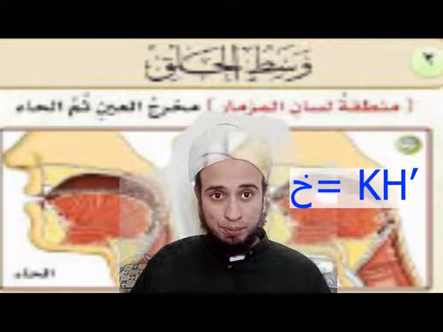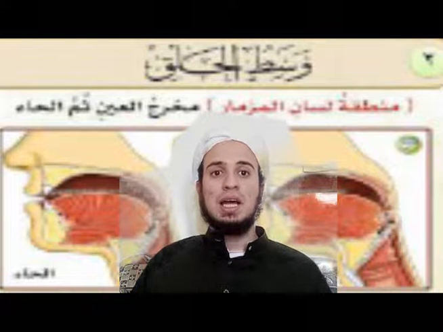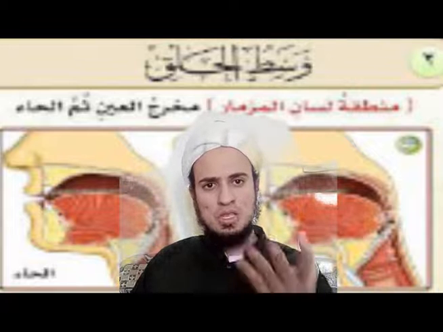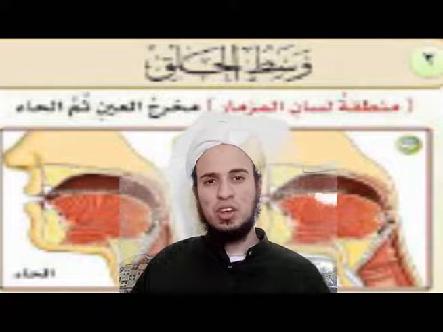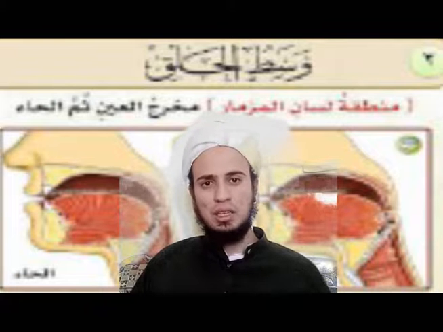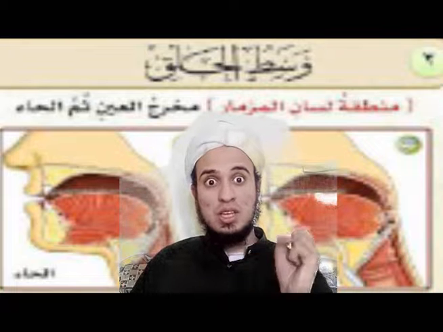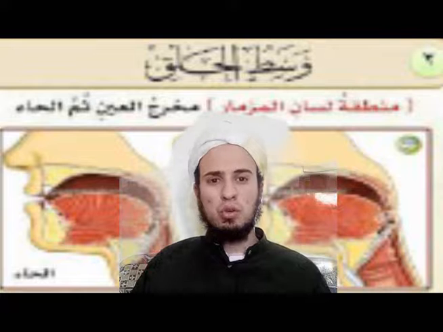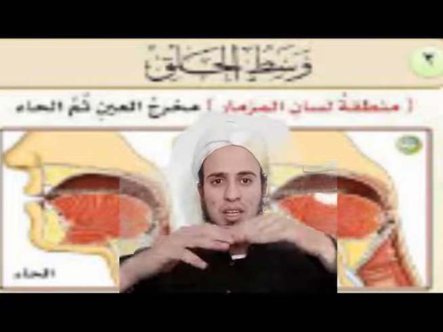The second is called rikhwa, which basically means that the voice is also coming out when you are saying this letter. Third is called isti'la, that when you are pronouncing the letter, the voice is thick. And the fourth one is called infitah, meaning the tongue stays down.